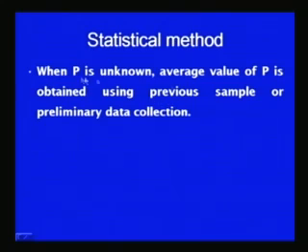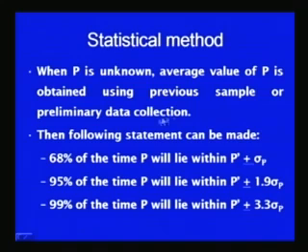So, if the rough data of the average value of p is available, no need to go for the preliminary study, and then the following statements can be made: for 68% of the time p will lie within p average plus minus sigma p, or 90% of the time p will lie within p dash plus minus 1.9 times sigma p, and 99% of the time p will lie within plus minus 3.3 sigma p.